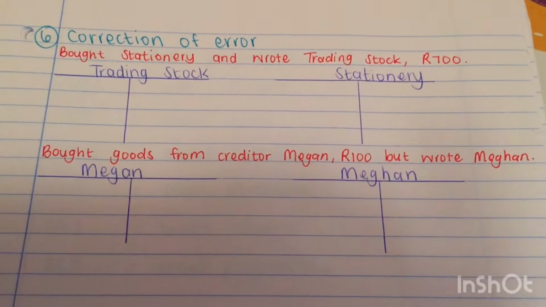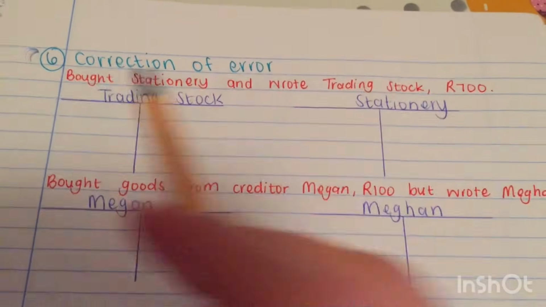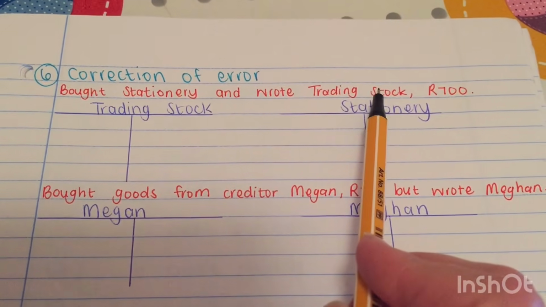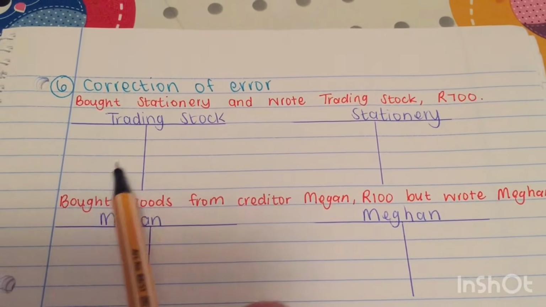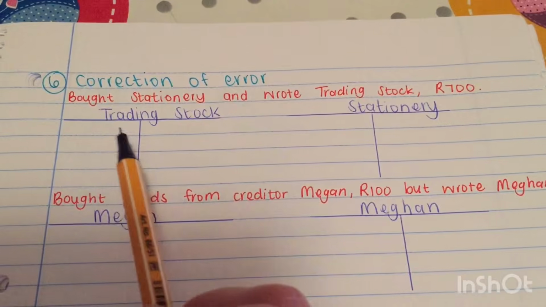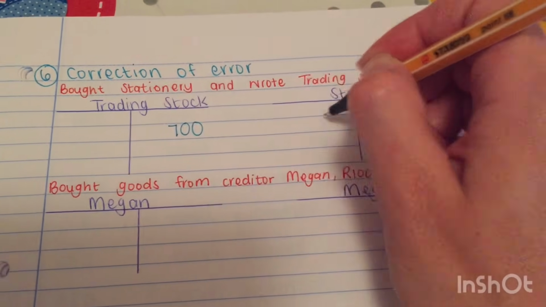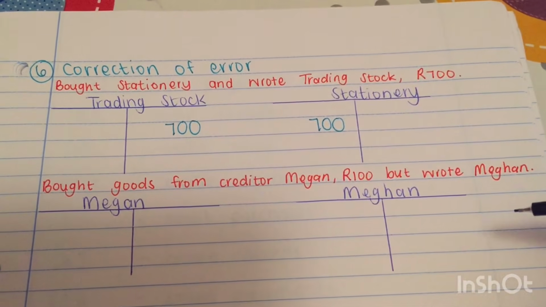Okay, so the last type of transaction is when we need to correct an error. So I bought stationery, 700 Rand, but I wrote trading stock. So I wrote there trading stock increased because I thought I bought stock. Now I must go and take it out because I actually bought stationery.